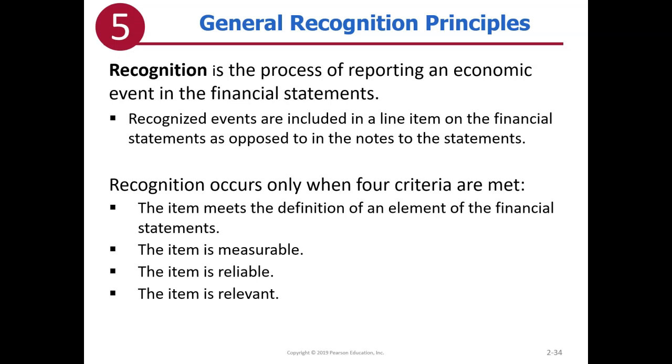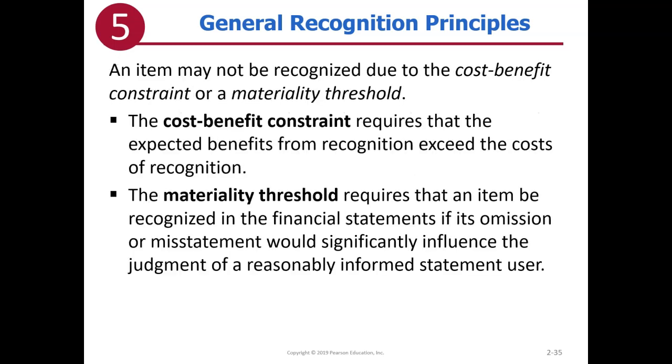The reason this is still using the old word reliable is because this part of the conceptual framework has not been updated yet. When it is, they'll change that word to the item has faithful representation. But for now, we'll use the words relevance and reliability. So it's measurable, meets those fundamental characteristics, and it also meets the definition of an element. Okay, so that's recognition.